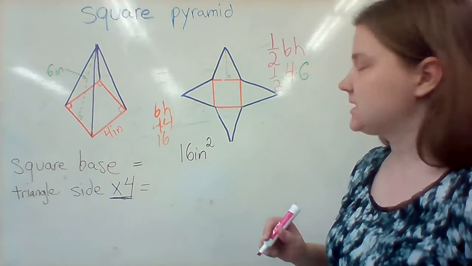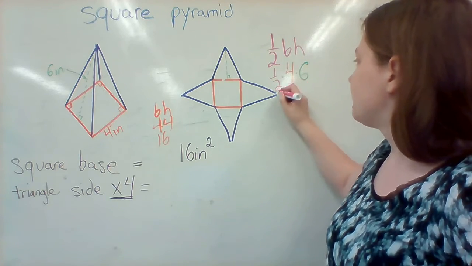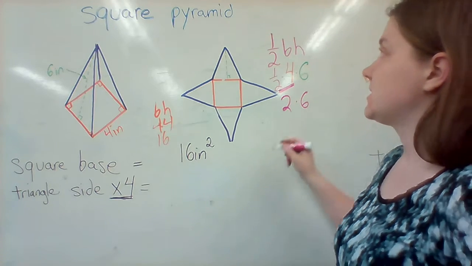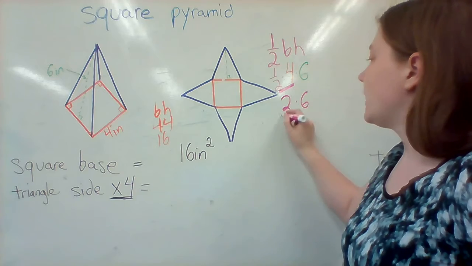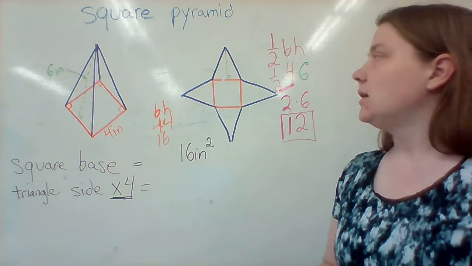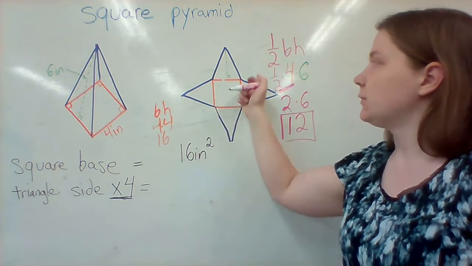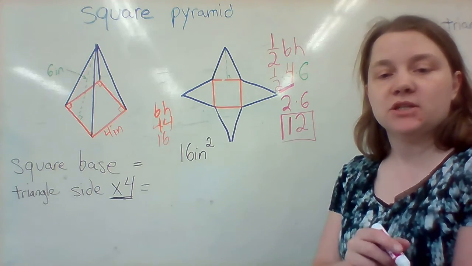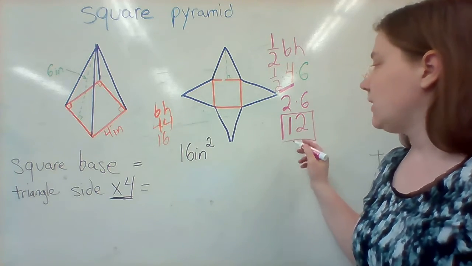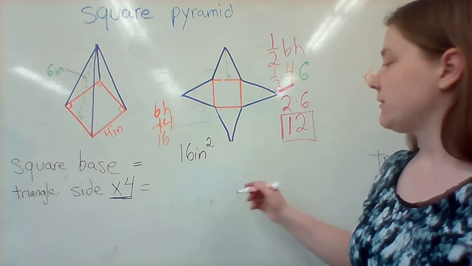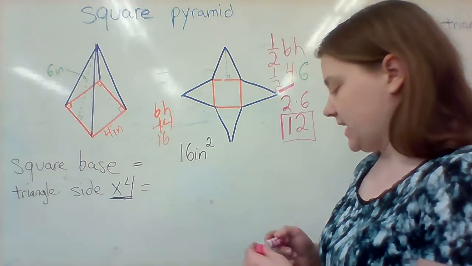Half of 4 is 2, times 6. 2 times 6 is 12. 12 is the area of one of the triangles, but there are 4 triangles. So we need to take that 12 and quadruple it. We need to multiply it by 4. 12 times 4 is 48.